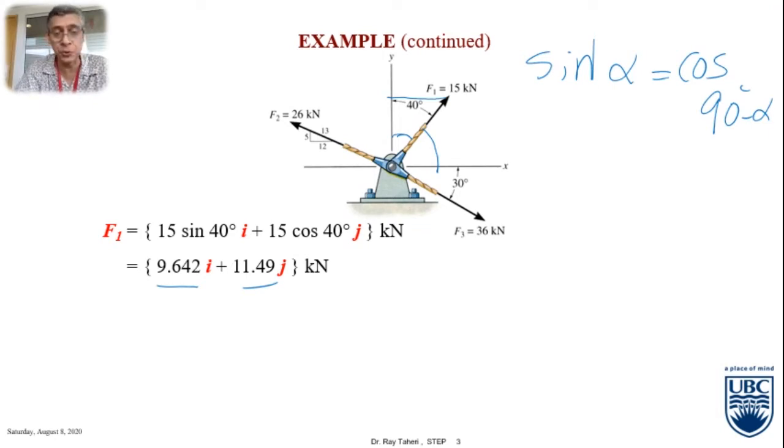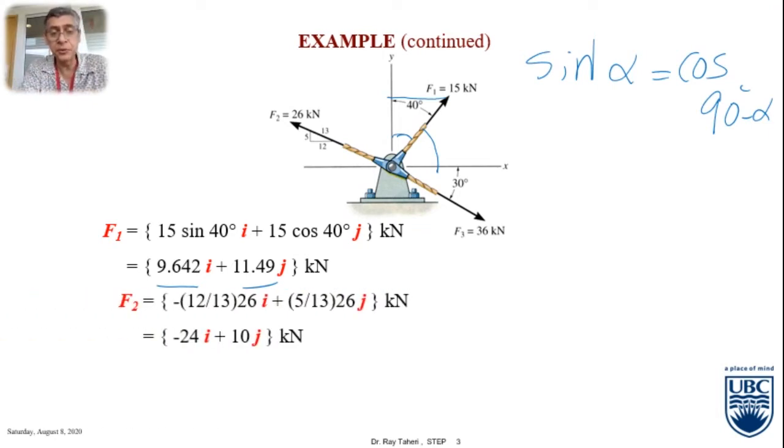Let's do F2. While F2, we could find the angle, but there is an easier way. Even without finding the angle, we can use this ratio, because the x component of this force, which is negative and is here, is nothing but 12 divided by 13.